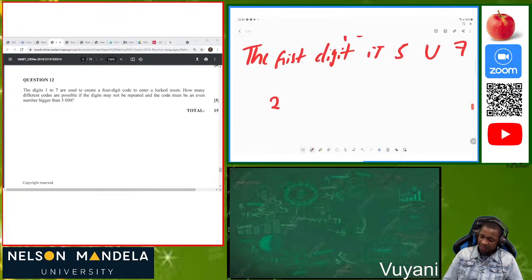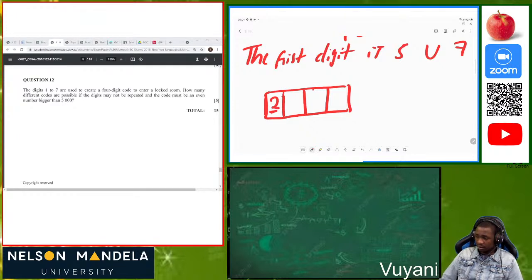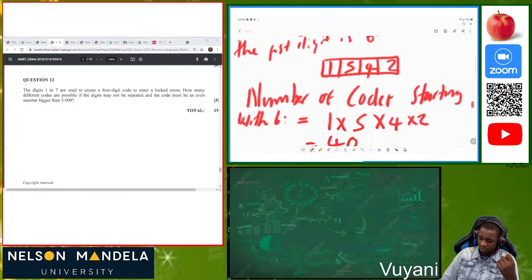There are 2 chances for us to have 5 or 7 in the first position. What about the last digit? 2, 4, and 6, those are the even numbers, so we have 3 chances to have them. Then in between we have 5 and 4, always 5 and 4, remember?